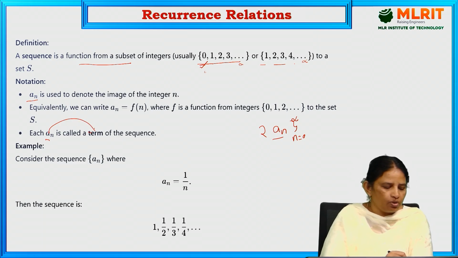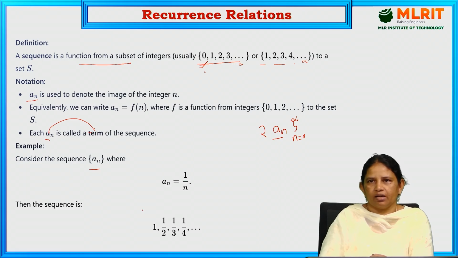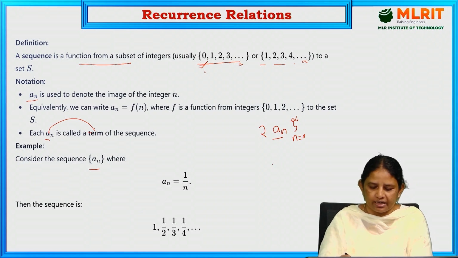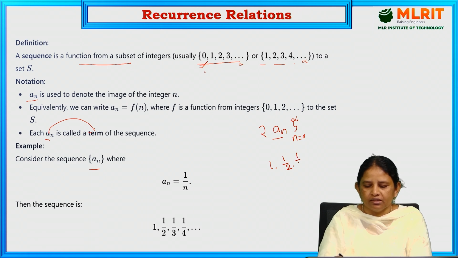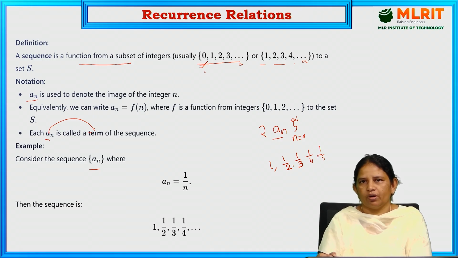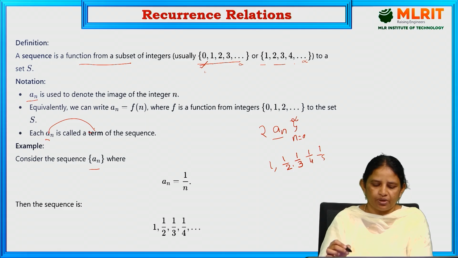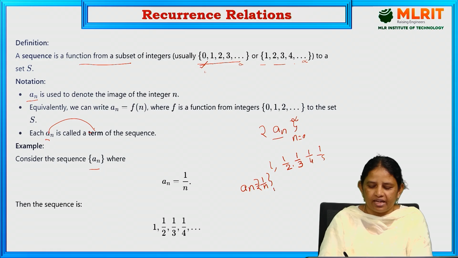For example, consider the sequence an equal to 1 by n. Instead of writing 1, 1 by 2, 1 by 3, 1 by 4, 1 by 5, instead of writing each and every fraction, we can simply write an, where an is 1 by n, where n is from 0 to infinity.